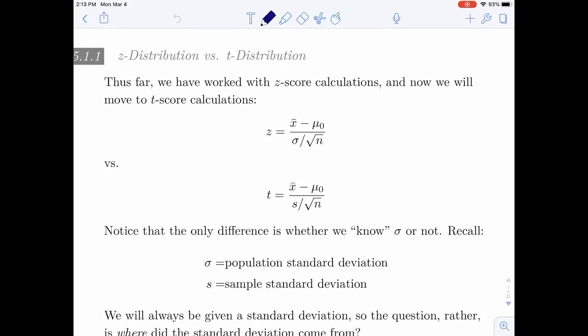So we have variation in our sample mean. We were able to deal with that in the Z situation, but now we have variability in X bar, and also variability in the sample standard deviation, because it also changes depending on our sample.